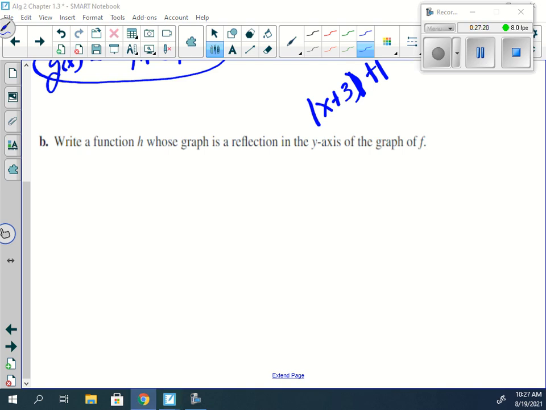So for us, we're dealing with y equals f of negative x, because that's the reflection in the y-axis. So for us here, h of x is going to equal f of negative x. That is the reflection in the y-axis.